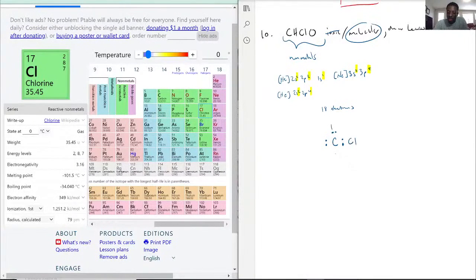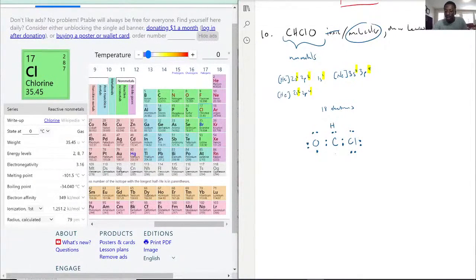So Cl, H, and O. Chlorine, as we said, likes 7 valence electrons, and it's only sharing 1 of its 7. So 2, 3, 4, 5, 6, 7. Hydrogen is already sharing 1 of its 1. Oxygen is sharing right now 1 of its 6, so 2, 3, 4, 5, 6.